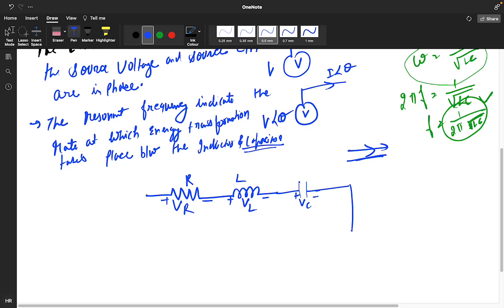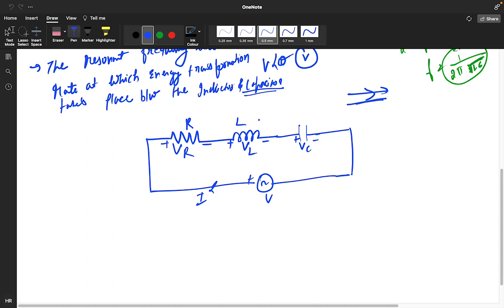As you remember, VL will be at an angle of 90 degrees and VC will be at an angle of minus 90 degrees. I hope you remember these things we had discussed.